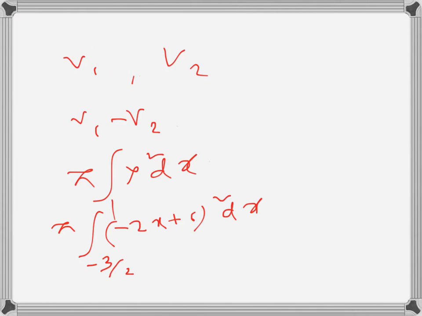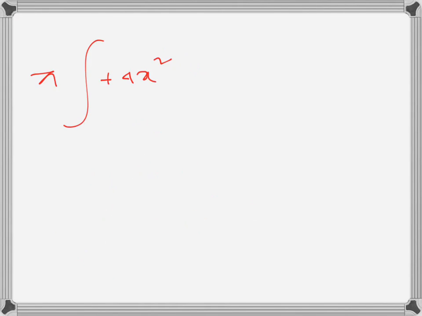So then we can write it, this will become plus 4x square, because this is basically 6 minus 2x, so then minus 24x plus 36, that's dx, from minus 3 over 2 to 1.